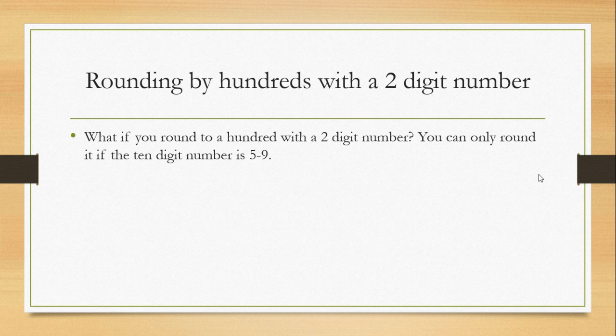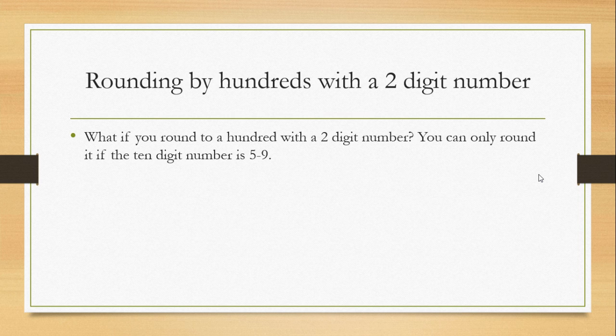So, what are the benchmark numbers for 50? The benchmark numbers for 50 are 0 and 100 if you're rounding to 100. So that means 50 rounded to the nearest 100 is 100.